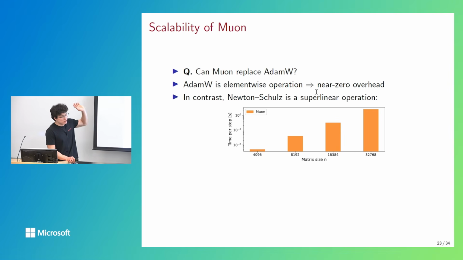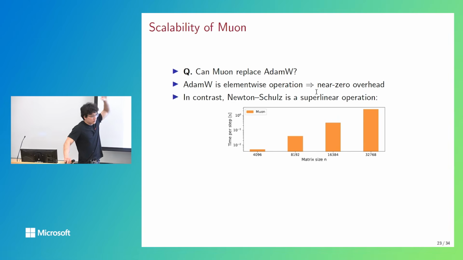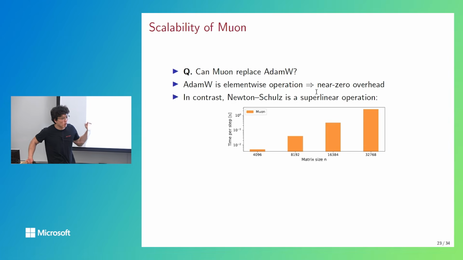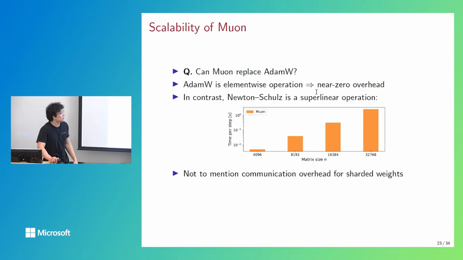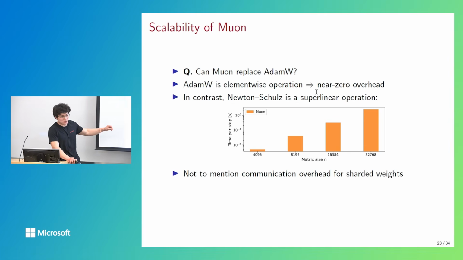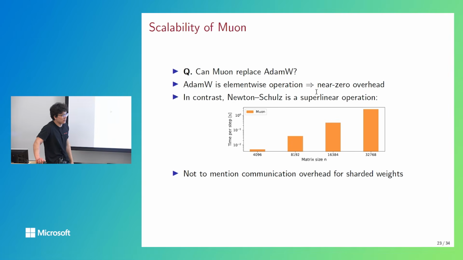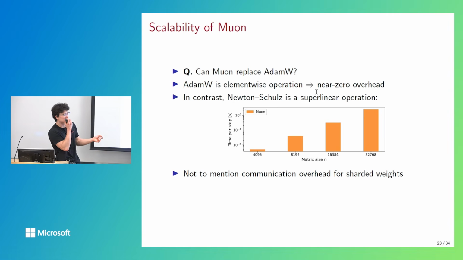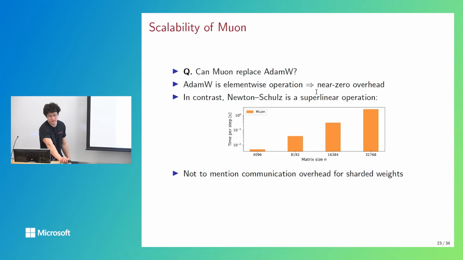On the other hand, Newton-Schulz itself is a super-linear operation, which becomes heavier and heavier across scale. And I also discussed all these communication overheads for distributed training. So inherently, there's some conflict between orthonormal update ideas and distributed training and larger training runs.